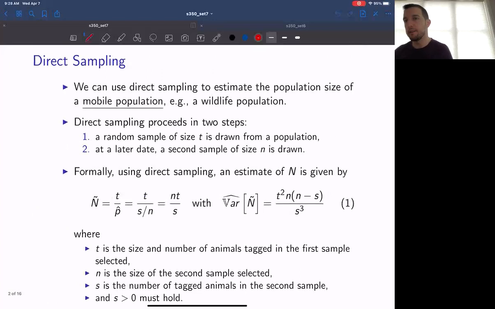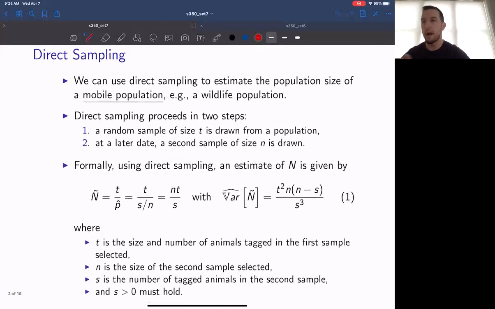Direct sampling is an approach that we can use to estimate the size of a population. Direct sampling is typically utilized when you want to estimate the size of what we can refer to as a mobile population, which just means a population that's consistently on the move across some region. You can consider, for example, a wildlife population of, I don't know, bison or something like this.